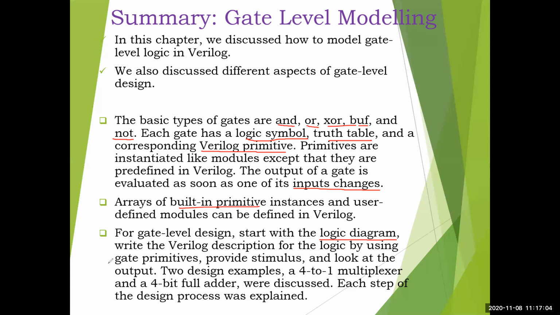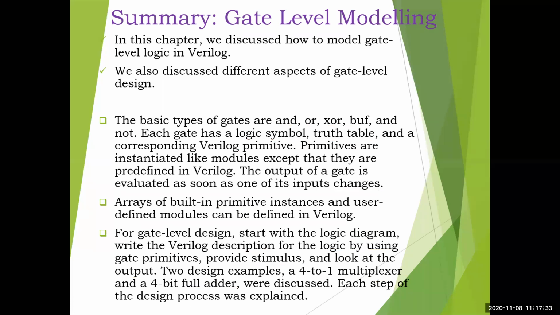Then you write the Verilog description of the logic using gate primitives, which has a 1-to-1 correspondence. Then you provide the stimulus, that means providing inputs to the design, and then you look at the output. Two design examples we have seen here: a 4 to 1 multiplexer and a 4-bit ripple carry full adder, and each step of the design process was explained. So this is what we have seen in the first part of the unit.